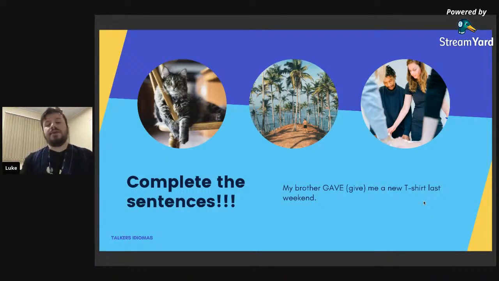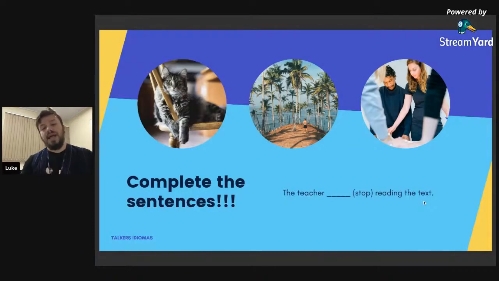Let's go. You have to complete the same way. You have the verb in brackets and you have to give me the answer for that sentence. The teacher, blank, reading the text. The teacher, blank, reading the text. The verb is stop.